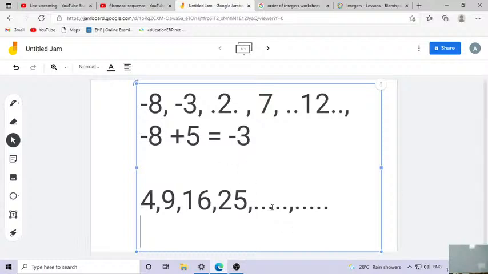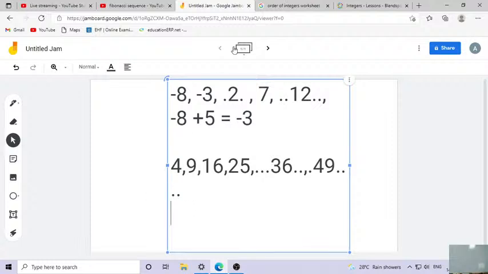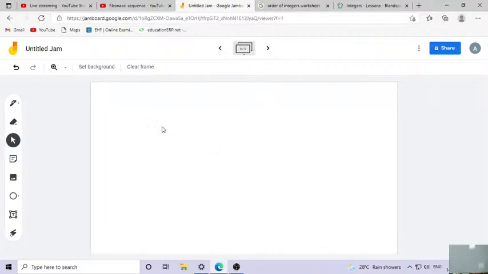Yes, we are getting 2 square is 4, 9, 16, 25, and the next number is 36, and the next number will be 49. So these all are the observations of patterns. Yes, fine.